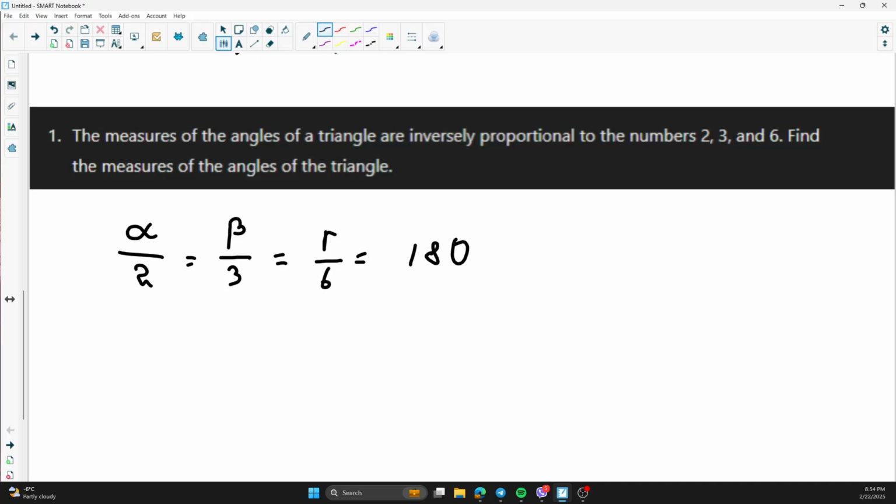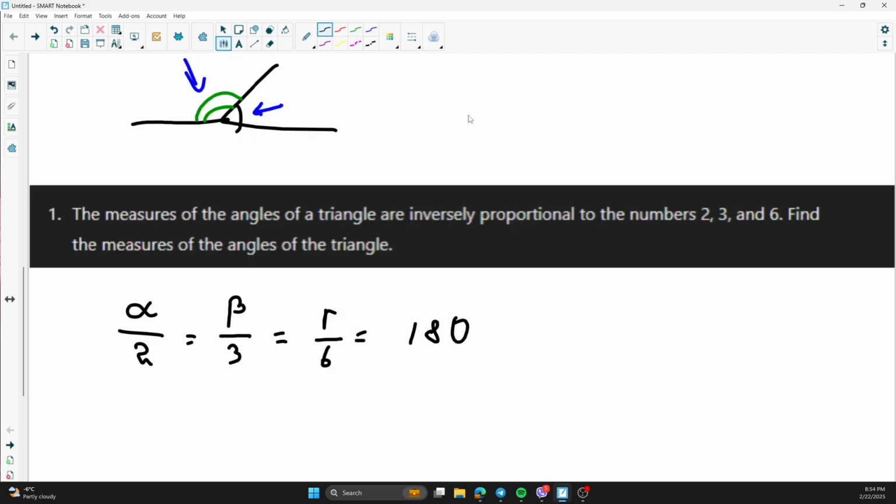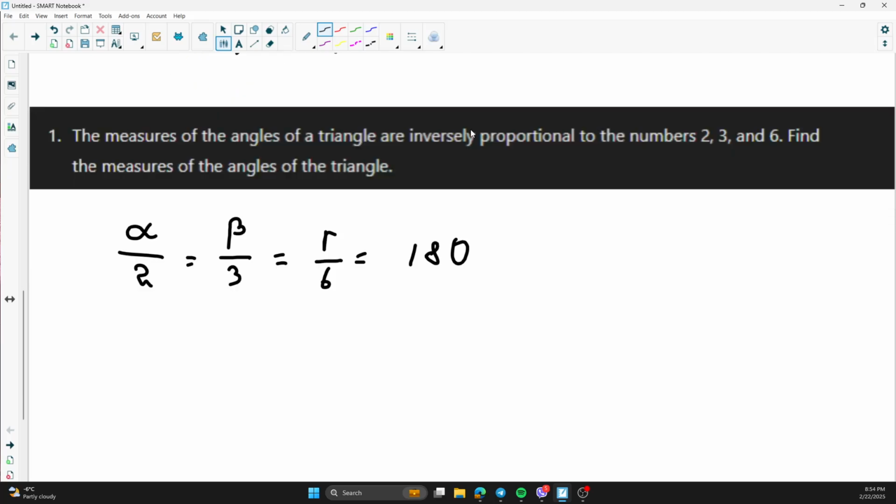Okay, so here we have a constant 180, right? Nah, doesn't matter. Okay, find alpha now. Forget about that. Find alpha from here.